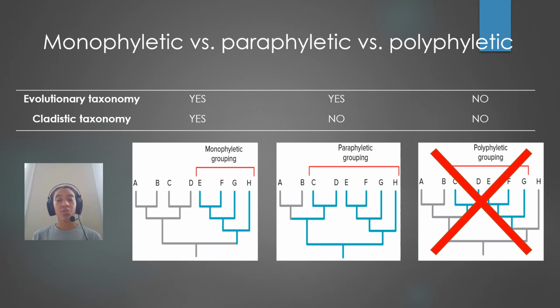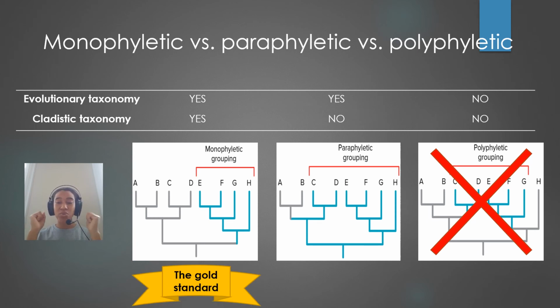In polyphyletic groups, you're excluding those common ancestors, so it's not valid. For paraphyletic groupings, an evolutionary taxonomist considers some of them valid, but a cladistics taxonomist does not, because they do not include all of the descendants, and you're now messing up the monophyletic grouping that could occur.